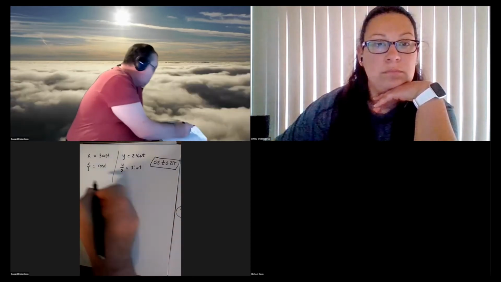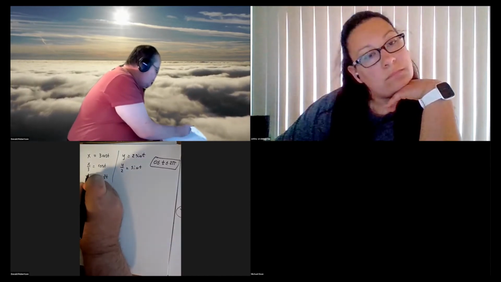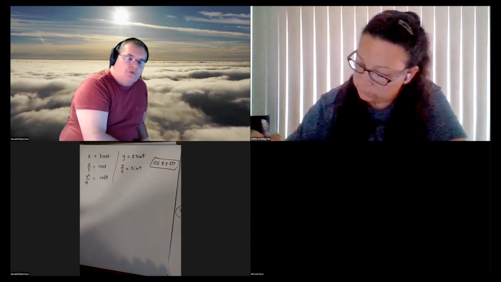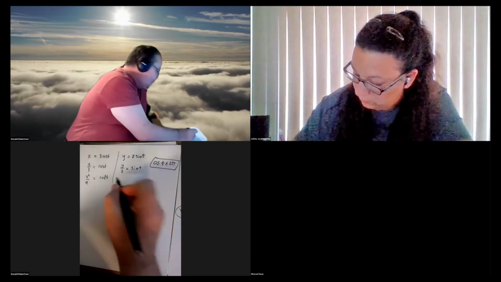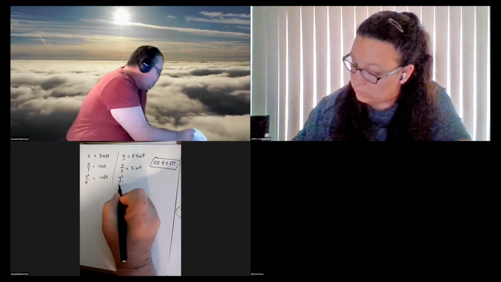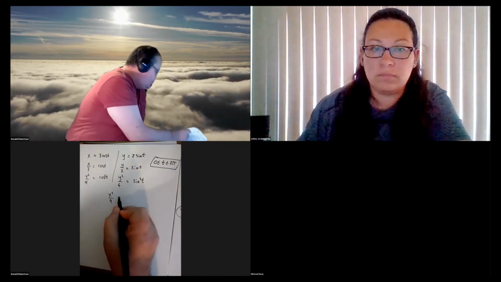Now we go a totally different route. If I square both sides, x upon 3 squared is x squared over 3 squared, right? If I square both sides here, and now I'm going to rewrite those two relationships, one above the other.